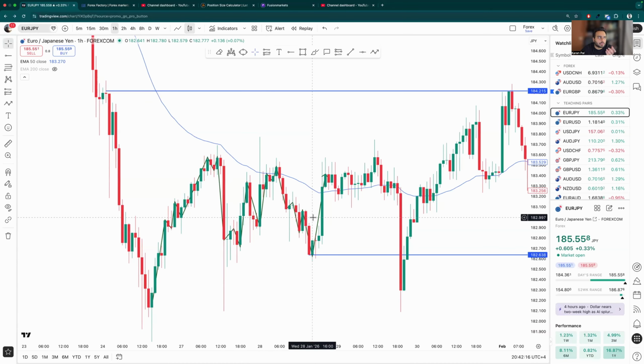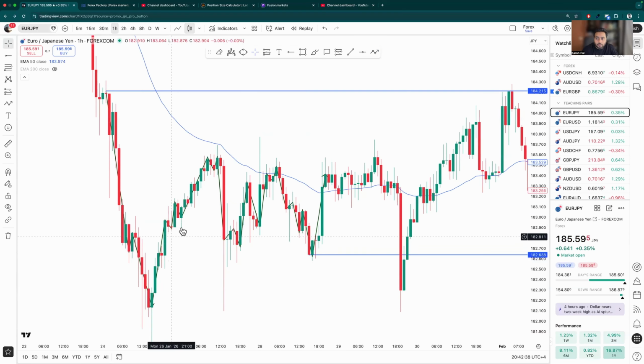And this is not internal structure, because how is this internal structure? This was the price action right here till here, lower low, lower high, lower low. So the market turned bullish from right here and it has been breaking structures again and again.